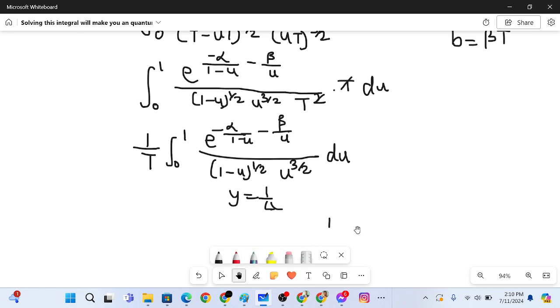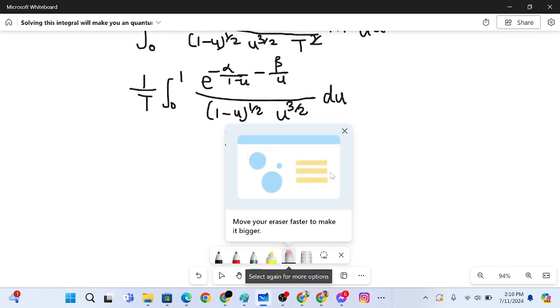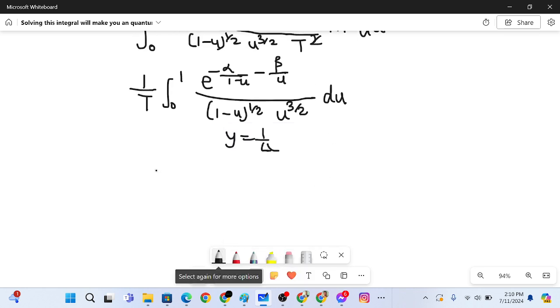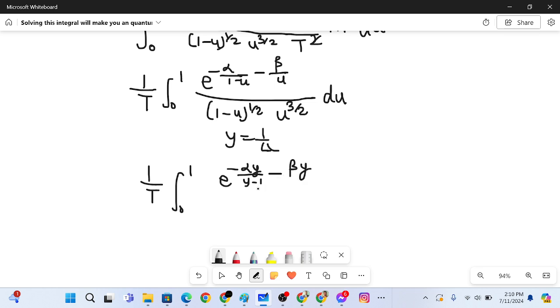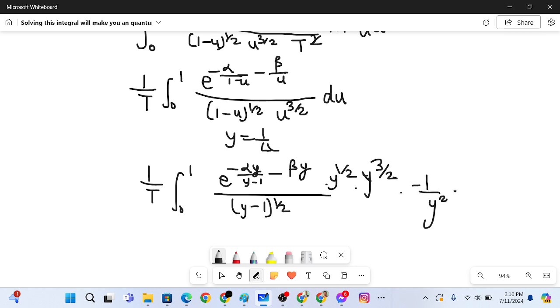If y is 1 by u, then we get 1 by t times the integral of e to the power minus alpha y by (y minus 1) minus beta y, divided by (y minus 1) to the power 1 by 2 times y to the power 1 by 2. Similarly, this goes up, y to the power 3 by 2, and then du will be minus 1 by y square dy.